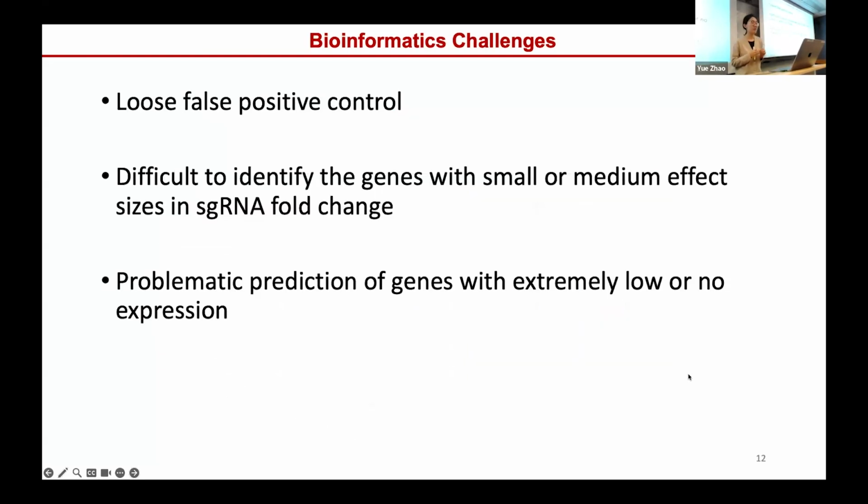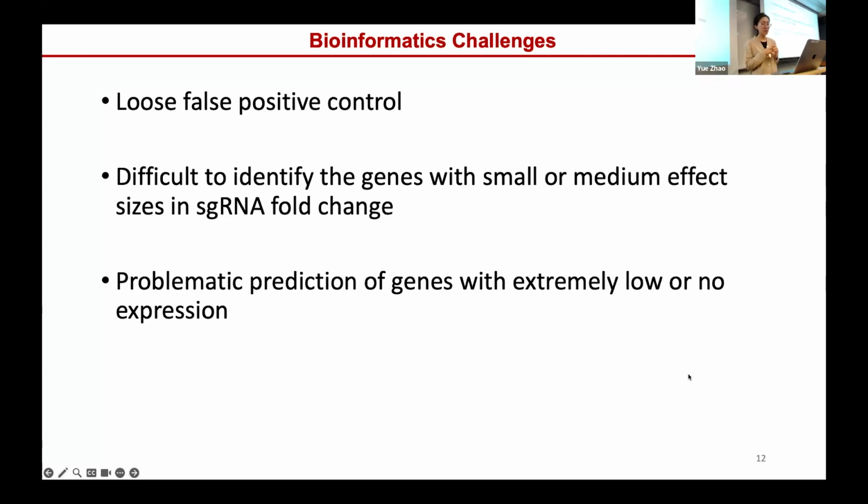And this motivates us to consider that combining gene expression data may benefit our CRISPR screen results. We also noticed that there are other bioinformatics challenges. Even though we have some computational advances, some challenges remain. First, existing tools usually have loose positive control and output a long list of candidate genes.